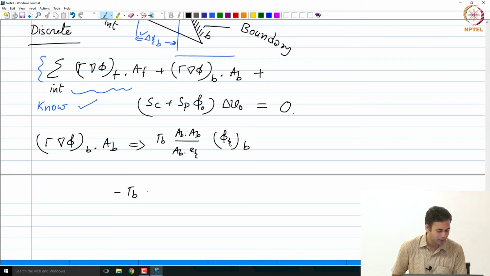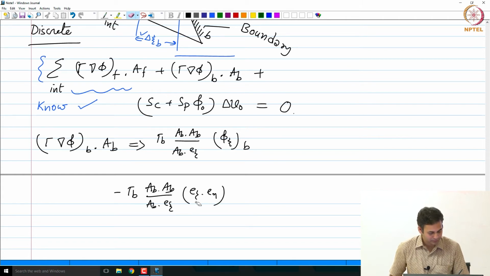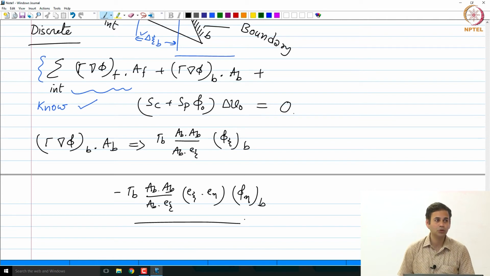Minus, I would get gamma b A b dot A b upon A b dot e xi times e xi dot e eta times phi eta b. Those are the two components we would get if you follow the same process we have done for the interior face, with the only change being that you would use A b instead of A f for a boundary face.